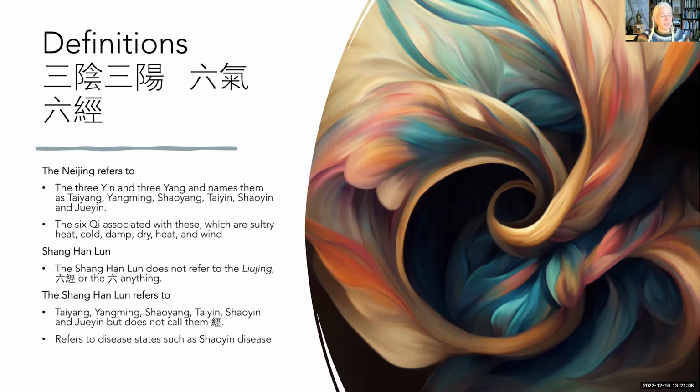3 yang. In the Shang Han Lun, Zhang Zhongjing never refers to the Liu Jing that are referred to in the Huangdi Neijing, or really talks about the 6 anything. He doesn't call these 6 things, these Liu Jing, by any name.